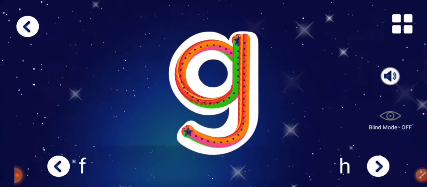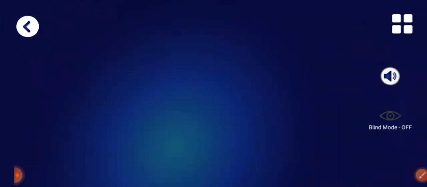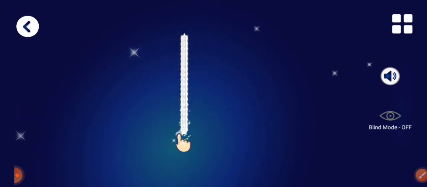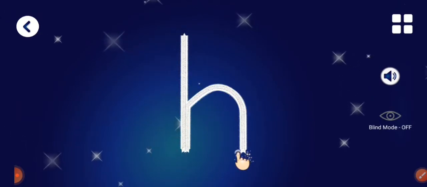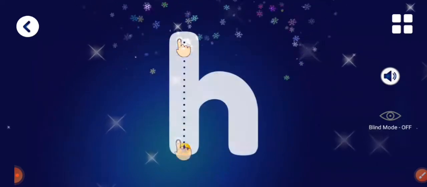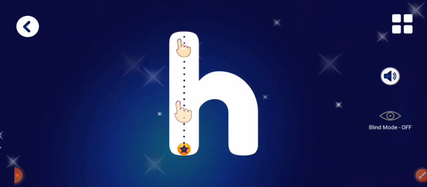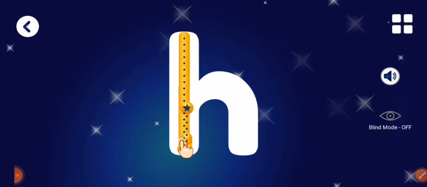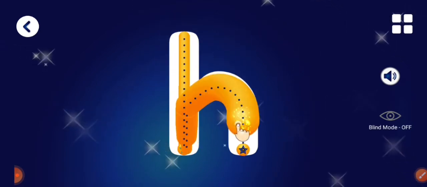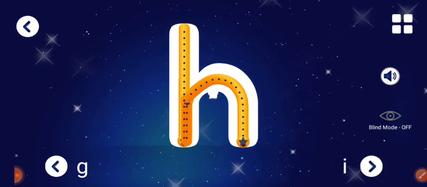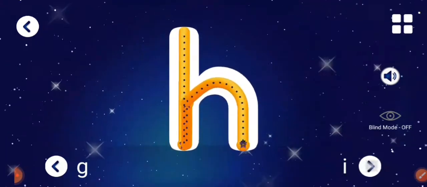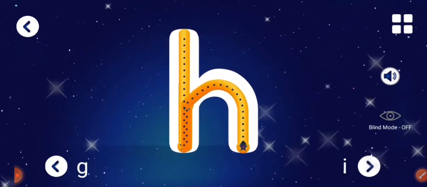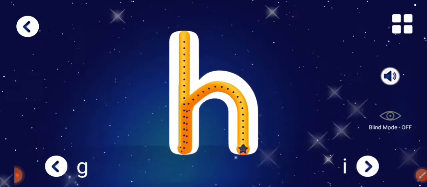Okay, children? So next letter is H. So which next letter? H letter. With the help of your fingers, you have to trace this dots line, star. Then half curve. Like this, standing line, half curve. H. Small letter H it is.